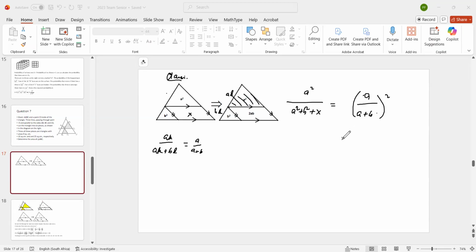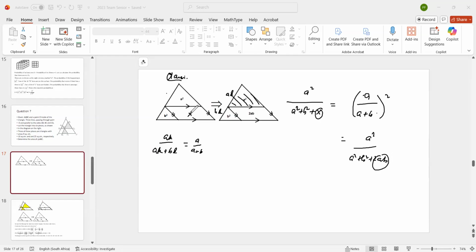If you simplify this, you get A squared over A squared plus B squared plus 2AB. And the middle term is 2AB. So you can see if you compare these two things, X must be 2AB for that equation to be true.